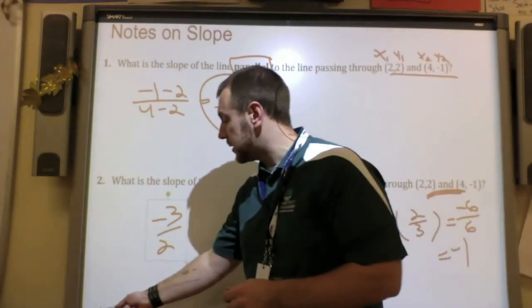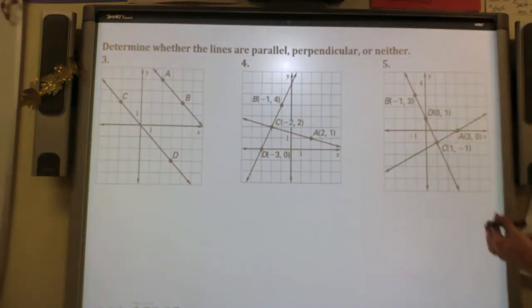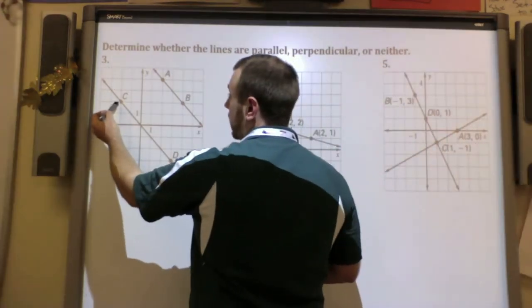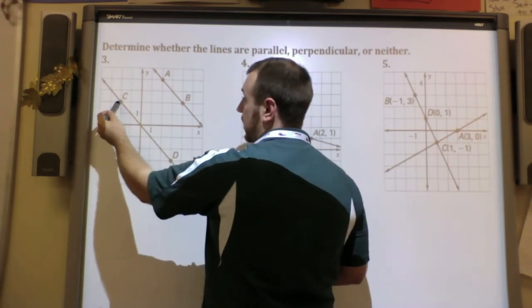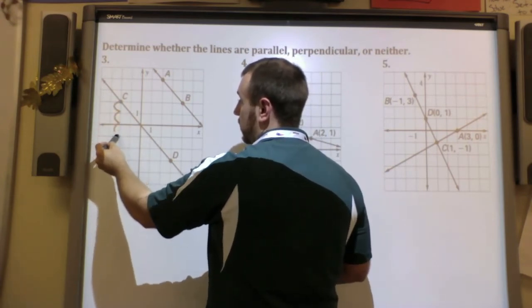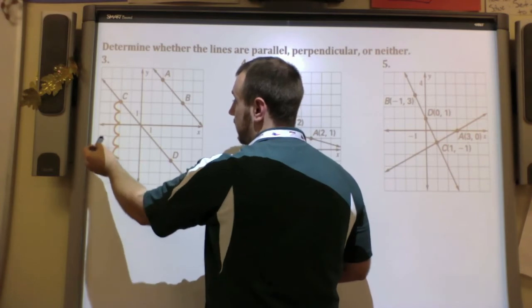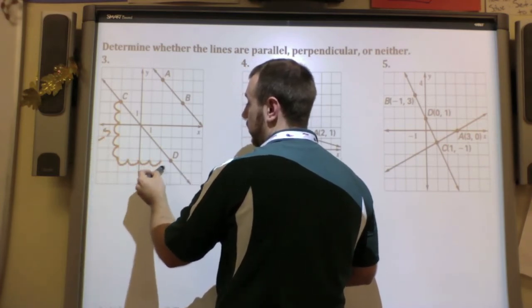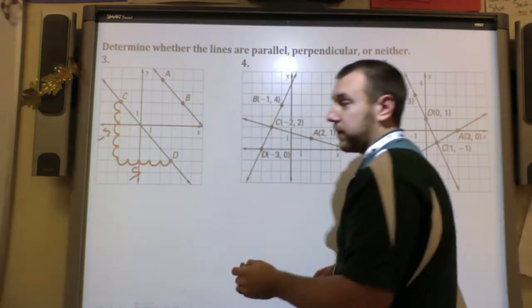A few more practice problems on this. Okay, again, just on the graph, I would find the slope between these two things. 1, 2, 3, 4, 5, down 5, 1, 2, 3, 4, 5, over 5.